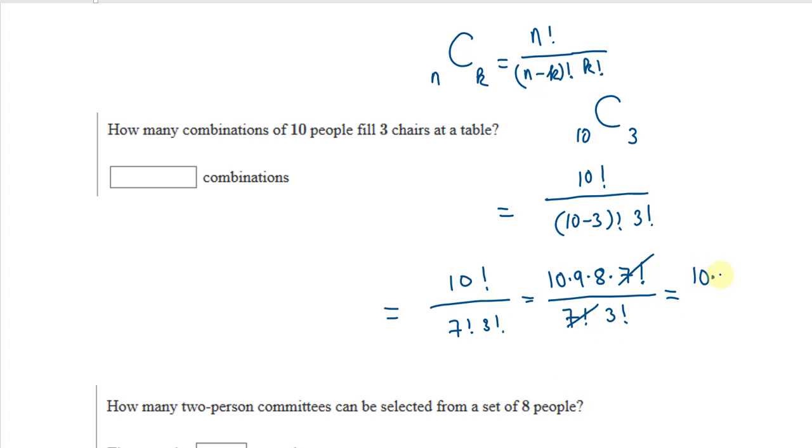So I have 10 times 9 times 8, and 3 factorial is 3 times 2 times 1. If you calculate 10 times 9 times 8 divided by 3 times 2 times 1 with your calculator, you should get 120. So 120 combinations in this case.